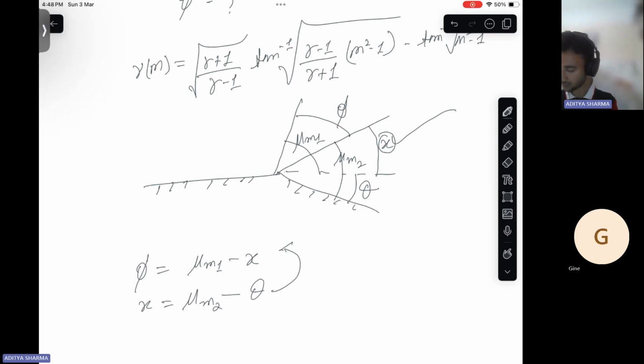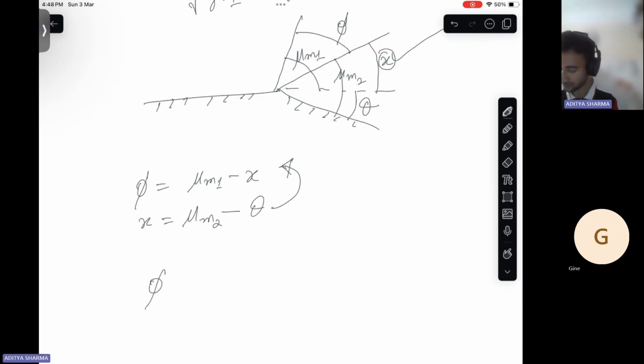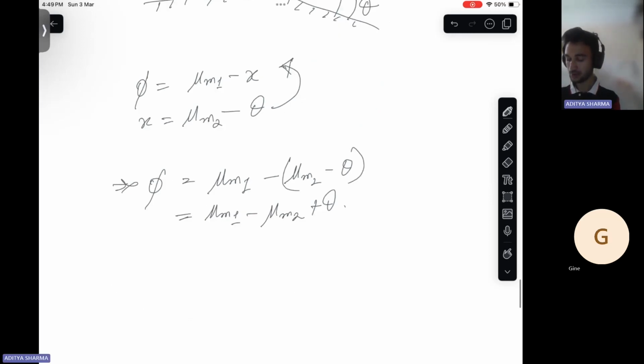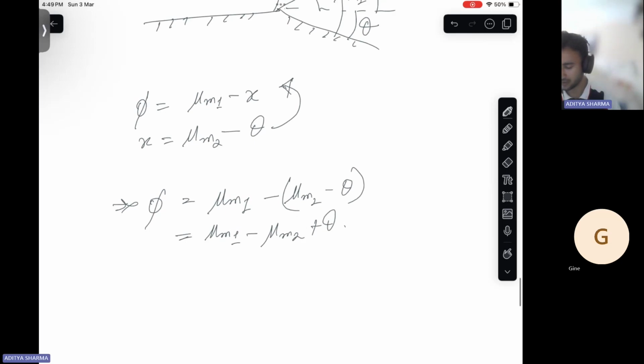So if we put this here, we get phi is mu m1 minus mu m2 minus theta, or mu m1 minus mu m2 plus theta, right? So this is our expression for fan angle.